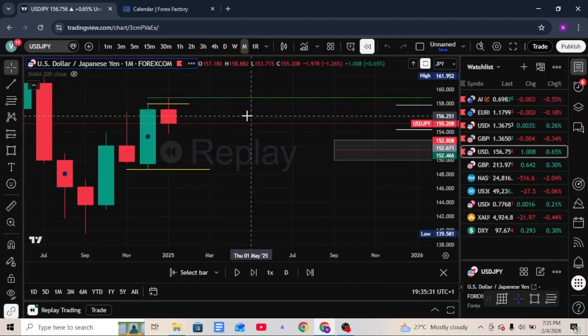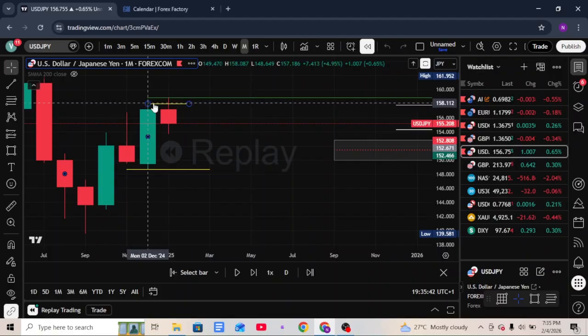That's when it's on the monthly, but when it happens on the weekly, you want to see change state of delivery happen on the 4 hours. So look at this now. I want to see that structure shift happen on the daily before I can get into this trade.